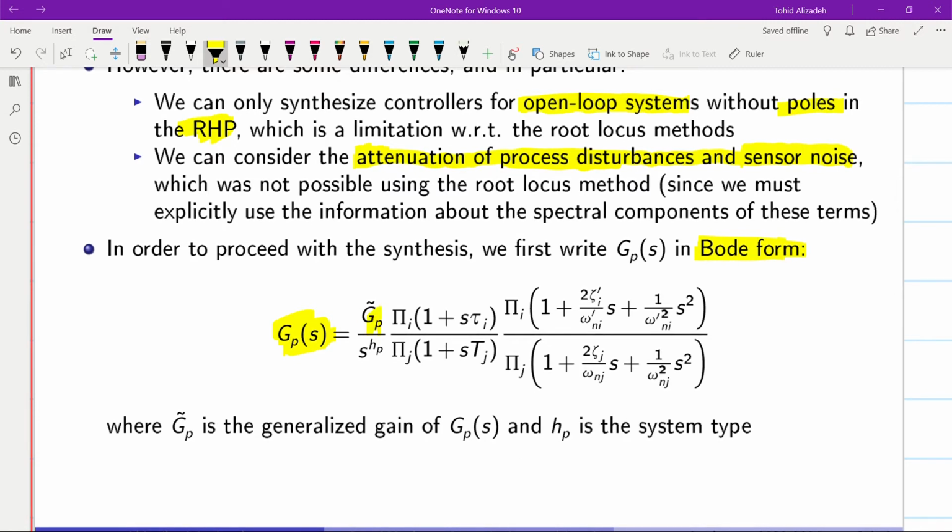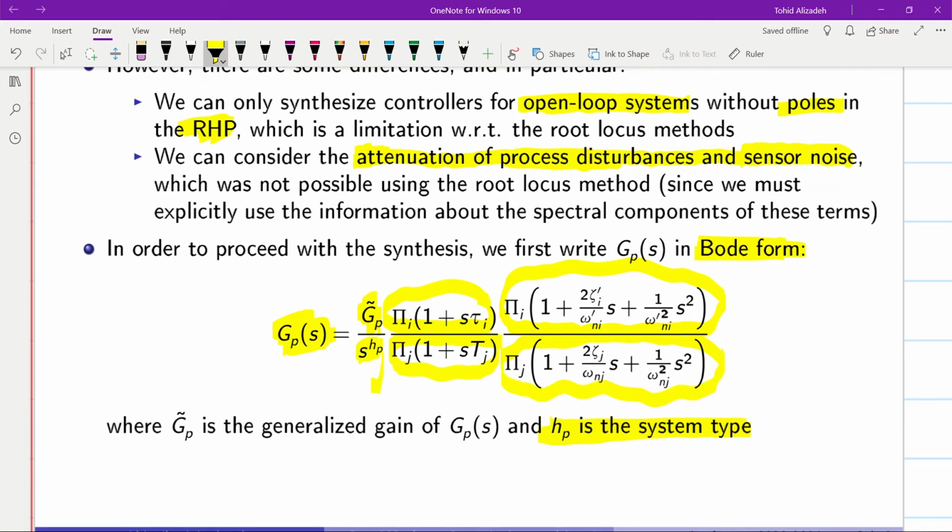We will have the generalized gain GP tilde over s to the power of HP, where HP will give us the type of the system, times the first order zeros multiplied by each other divided by the first order poles multiplied by each other, (1 + sT_j) or (1 + sτ_i), and then we will multiply them with the second order zeros divided by the second order poles.